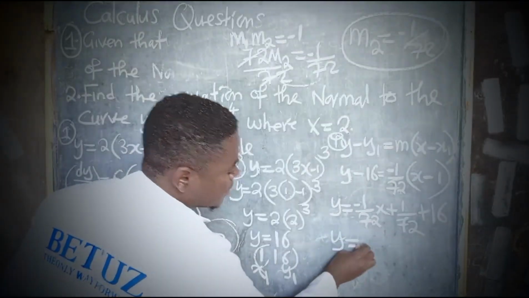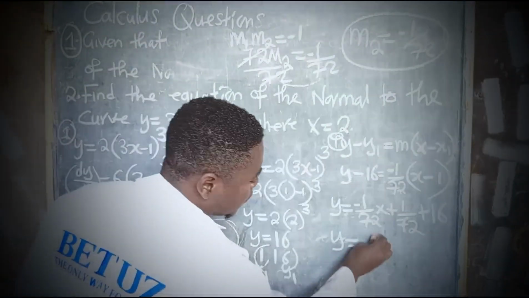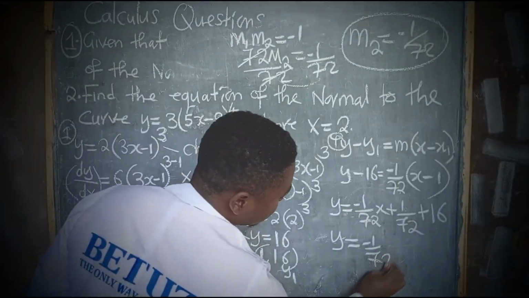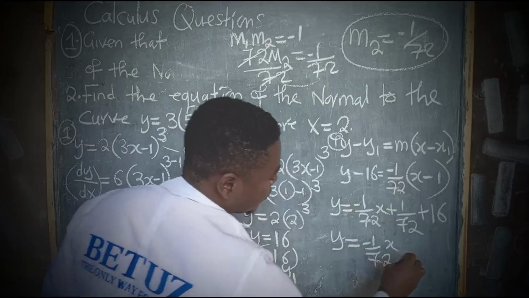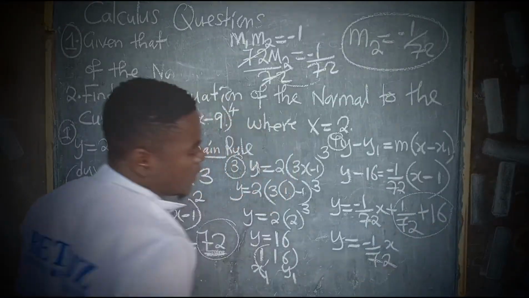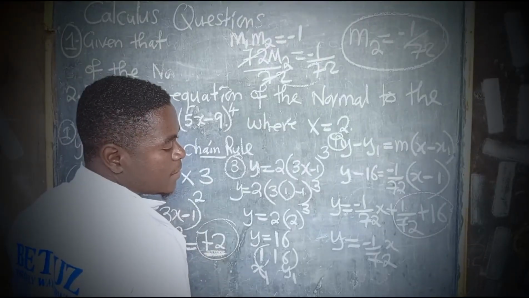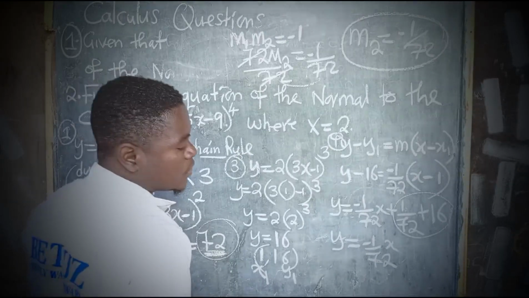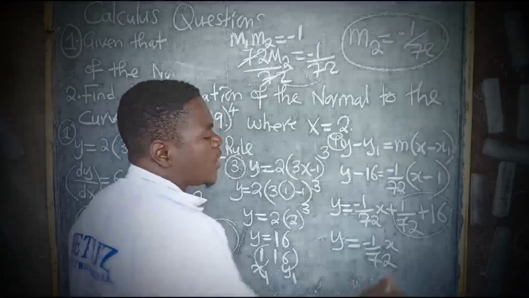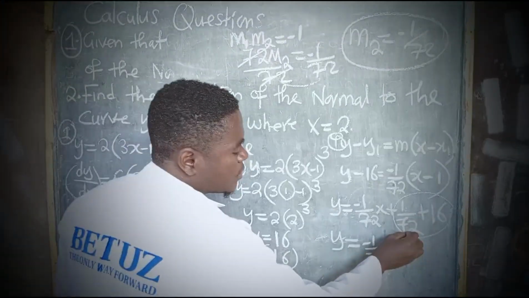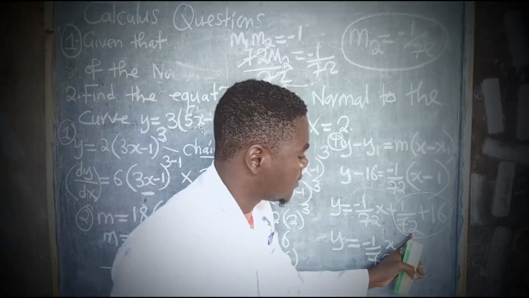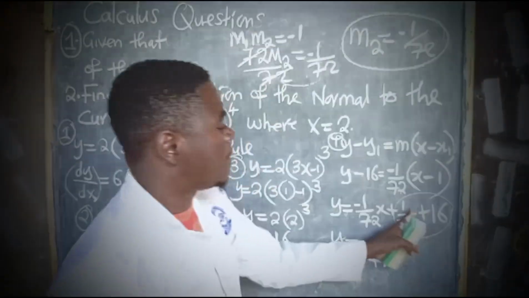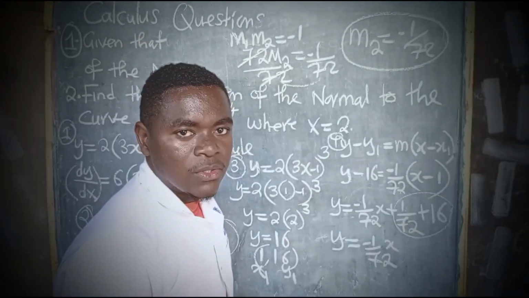So y is equal to -1 over 72x. I get the answer there. The way you work out this answer is you just say this times that plus that.